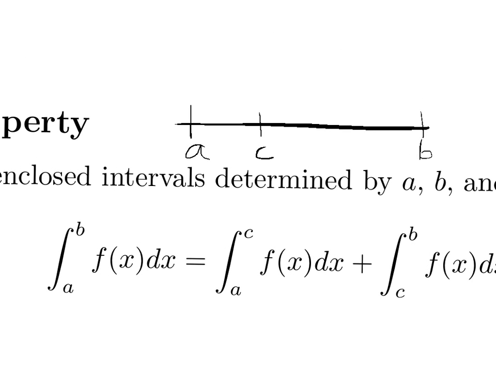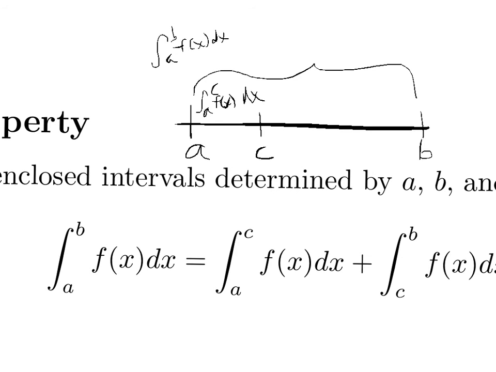If you are evaluating the integral from a to b, you can break it up into the integral from a to c and the integral from c to b and add them together.